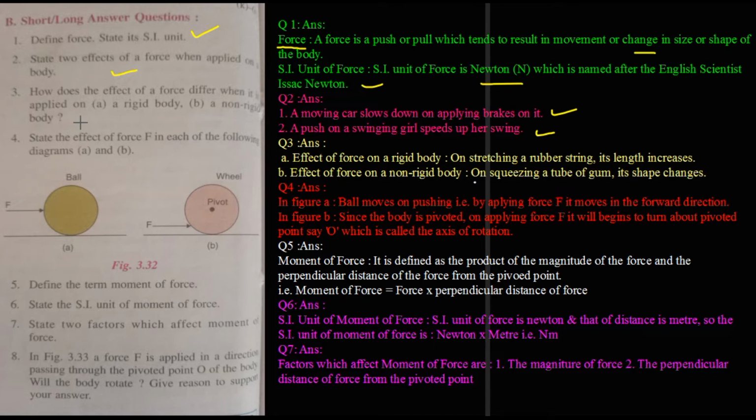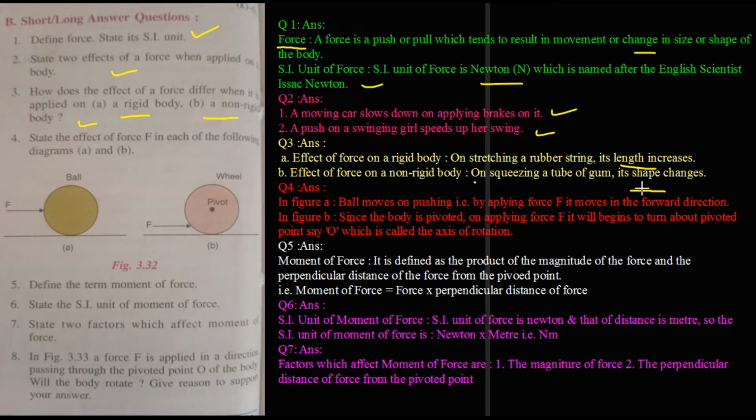Question 3 is: how does the effect of a force differ when it is applied on a rigid body and on a non-rigid body? So a rigid body is hard, like a rubber string. On stretching a rubber string, its length increases, and for a non-rigid body like a tube of gum, its shape changes, right?